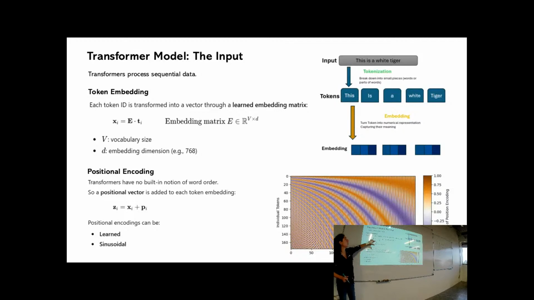Of course, here is one token. For the full sentence, the space is d times L, where L is the length of the sequence that you have. The operations that we're going to see work on each token, so it's easier to focus on the token.